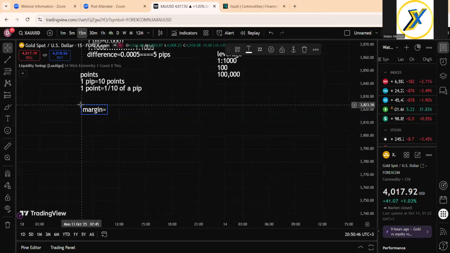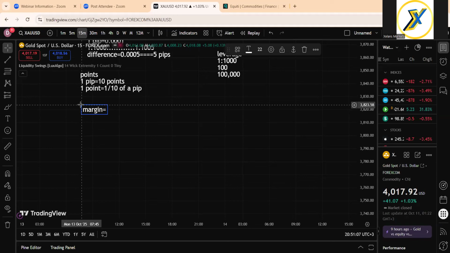It is like your deposit that keeps the position running. That is why when you are almost blowing an account, you get what we call a margin call, or you see the MetaTrader 5 become red because you no longer have enough margin to hold a position or a trade.